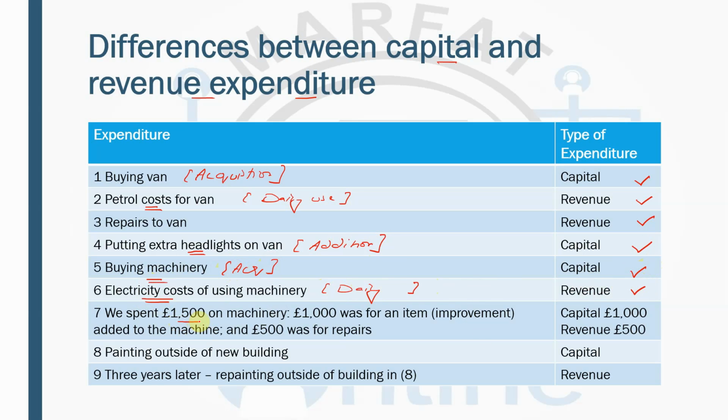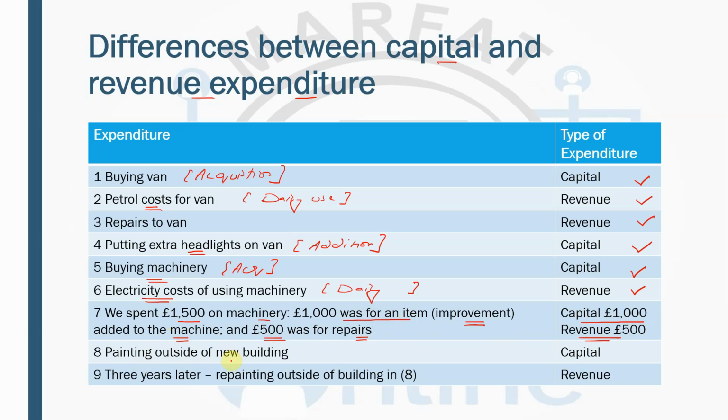We spend 1500 on machinery, 1000 for an improvement added to the machine, and 500 for repairs. So 1000 is capital expenditure because it was for improvement and addition. The rest was for repairs, so this is revenue expenditure.